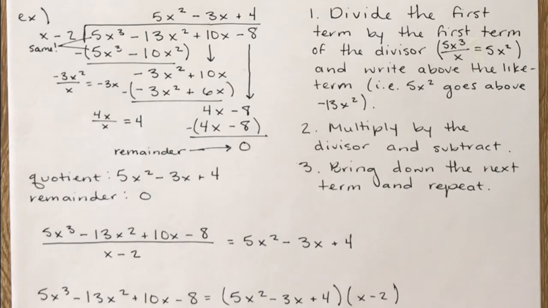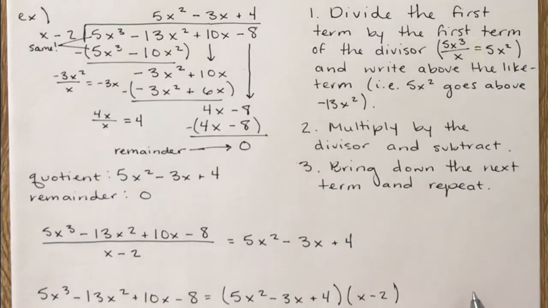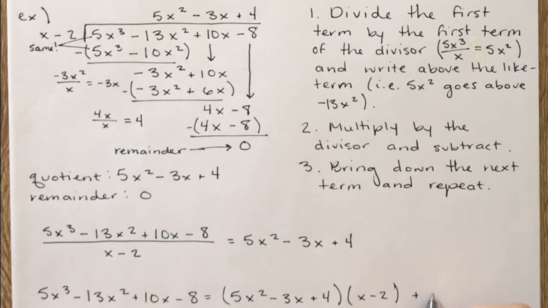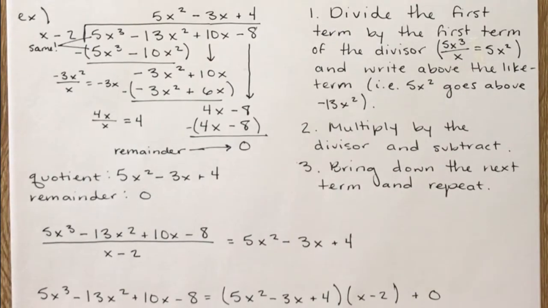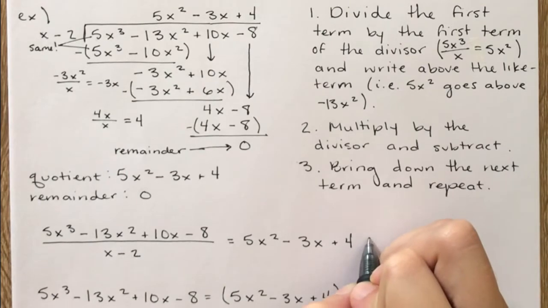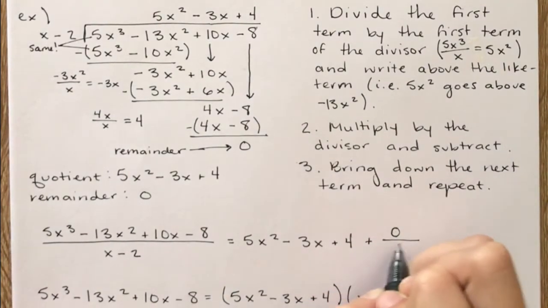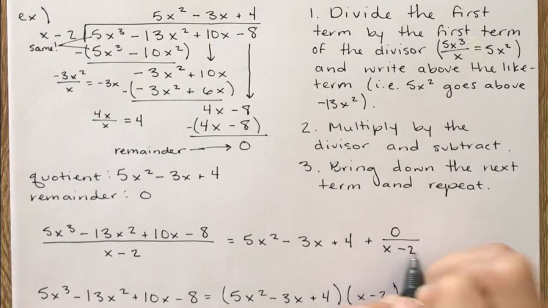Now, how does our remainder play into all of this? Well, it's 0, so we don't necessarily have to write it, but we could say that we had to add 0 here if we wanted. In this case, the way we would write it is by writing 0 over x minus 2.